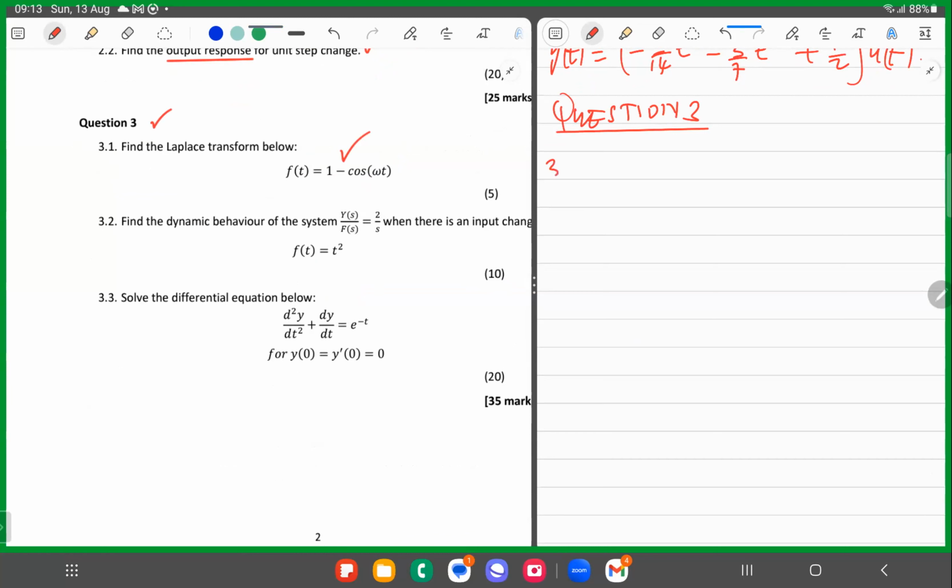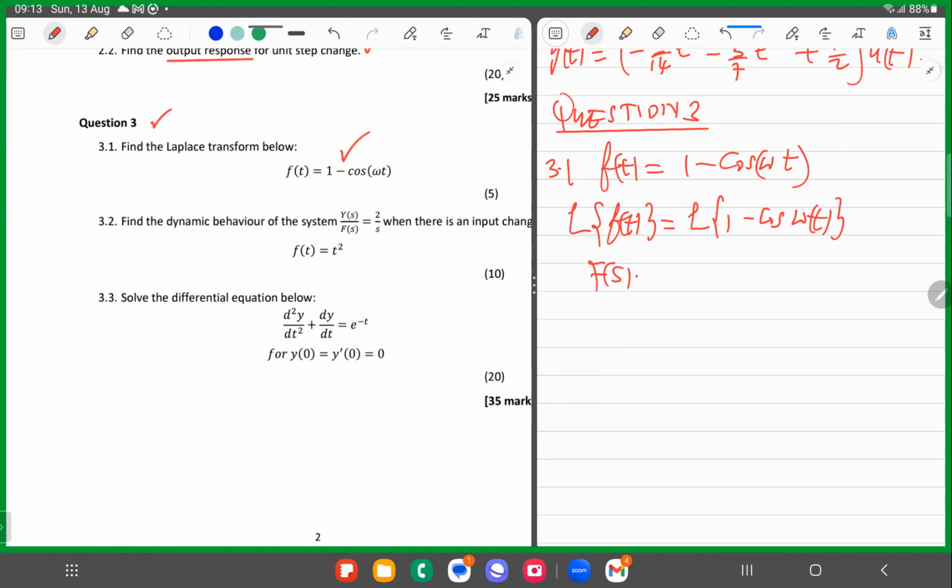So in 3.1, we have f of t, which is 1 minus cosine of omega t. We have L of f of t, which is L of 1 minus cosine of omega t, which is F of s. Now this is the Laplace transform of 1 minus the Laplace transform of cosine of omega t.